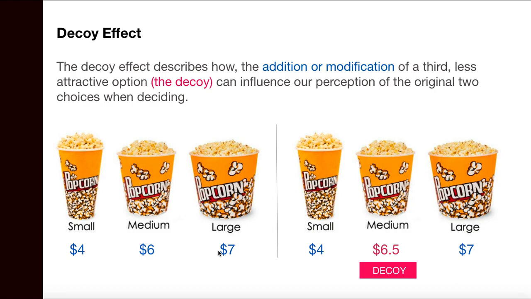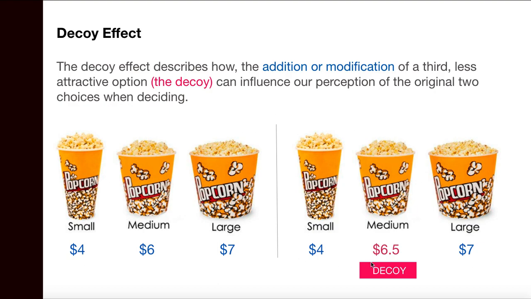Now when you are hungry and you want to buy popcorn, you might choose either the small, medium or large. But what happens if you see in the second example, there is a slight change in the medium price, which is $6.5? So it's increased by $0.5.